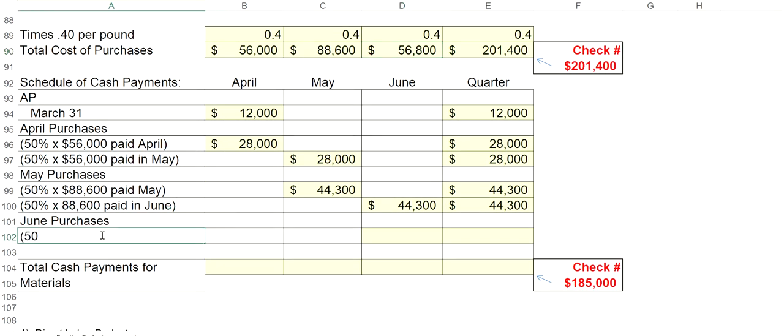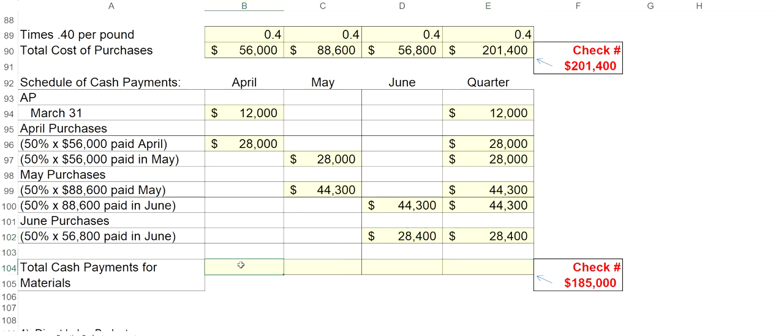So 50% of the 56,800 will be paid in June. Now, like with the production budget, I don't care about the other 50% because that will be paid in July. So 0.5 times 56,800, and then bring it over to the total column.